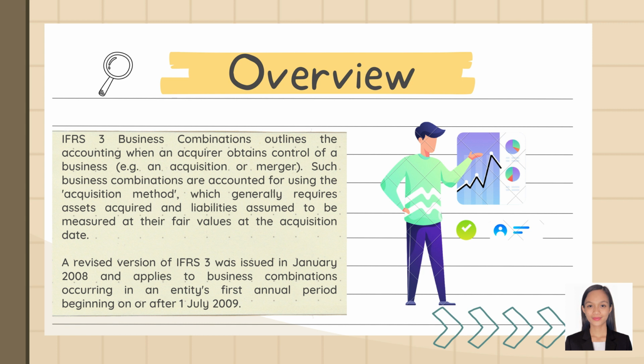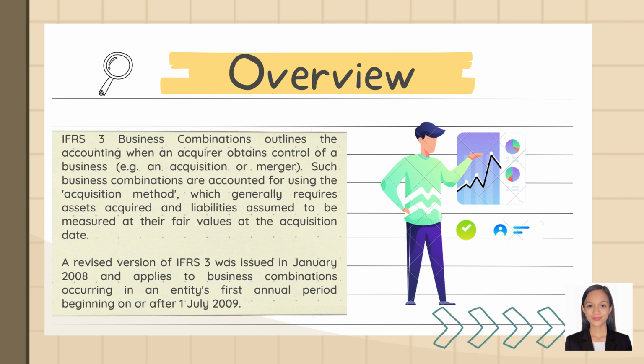So, let's see what happens to the measurement. Fair value ba? Or historical value? Mga ganyan. And it is the revision of IFRS 3 happens in 2008, and yun yung nag-i-exist today. However, marami pa yung pinanggalingan, and let's see kung saan nga ba nanggaling ito before it comes to the state ngayon na IFRS 3 revised as 2008.